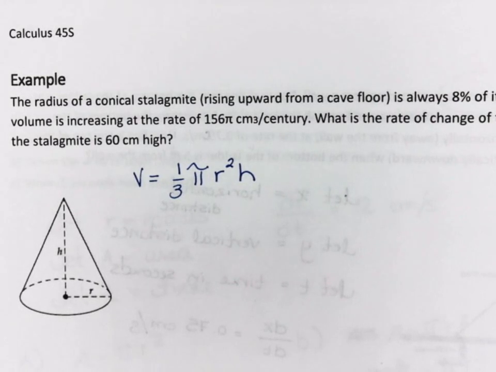Coming down from the cave roof. Yes. Is always 8% of its height. So the radius is always 8% of its height. And the volume is increasing at a rate of 156 pi centimeters cubed per century. Per century. So every 100 years. What is the rate of change when the stalagmite is 60 centimeters high?